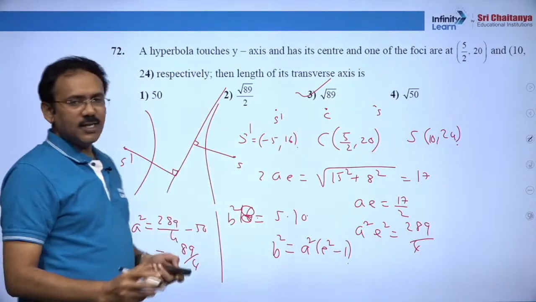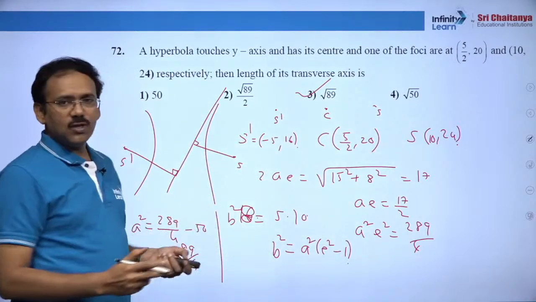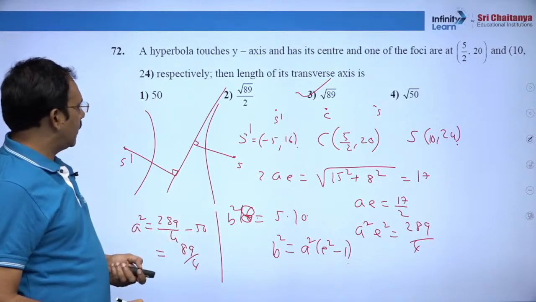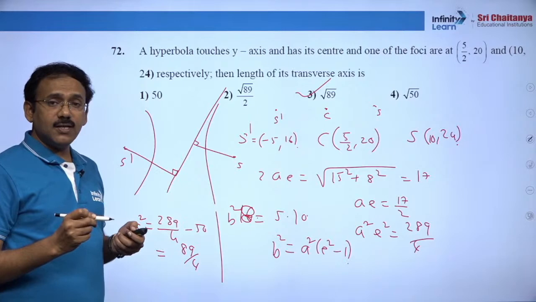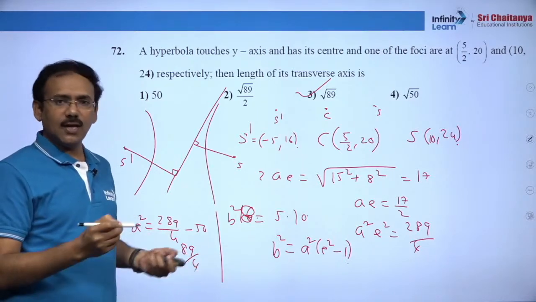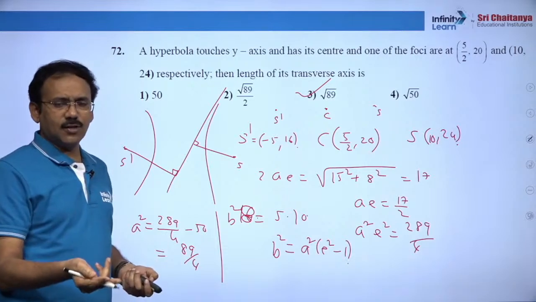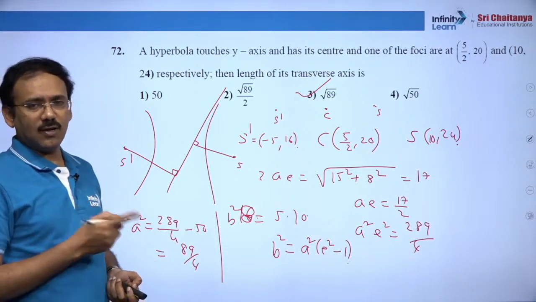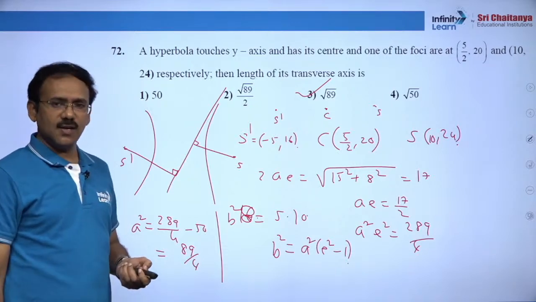Okay. So, 2 points, friends. The distance between the two foci is 2ae. Second thing, the product of perpendicular distances from the two foci onto any tangent on the hyperbola, or even the ellipse, is going to be b square, the semi conjugate axis square, and the semi minor axis square in case of an ellipse.